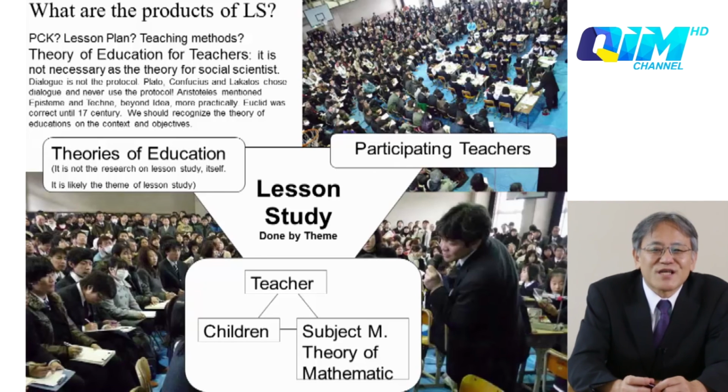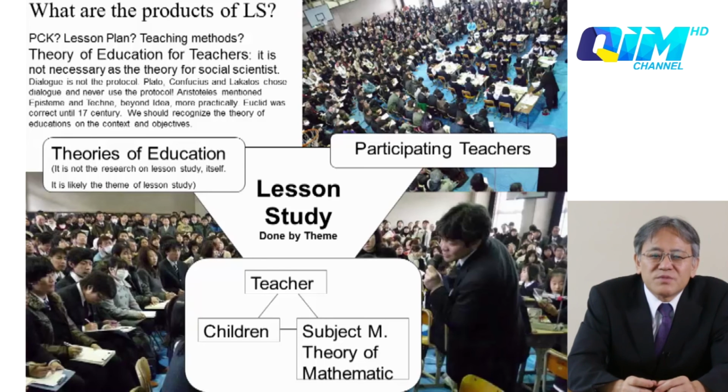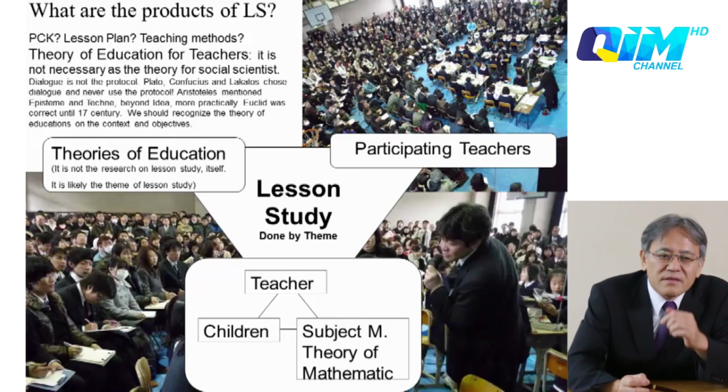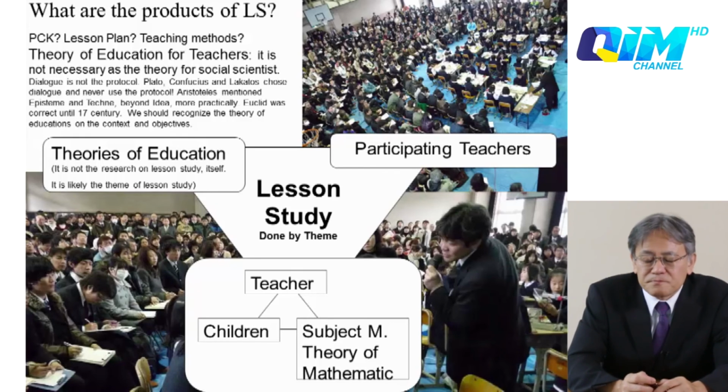I'm not sure social scientists say something like that or not. However, Aristotle mentioned episteme and techne, beyond the idea, more practically. Episteme is academy, and techne is technique.